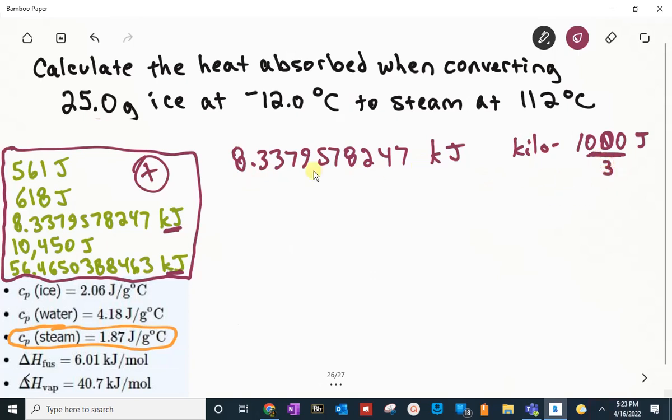Because see, there's 3 zeros in 1,000. So we take this decimal point and we go 1, 2, 3, put the decimal point there. So your answer is 8,337.9578247 joules.